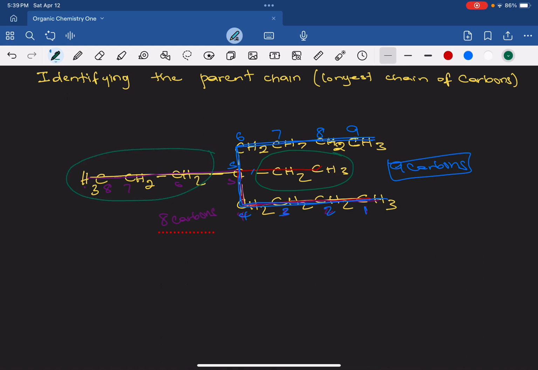This would also be a substituent. Anything that is not a part of this blue line that we drew here, right, is called a substituent. And your substituents, as you should notice, are connected to a carbon that is a part of the long chain. They hang off of the long chain.